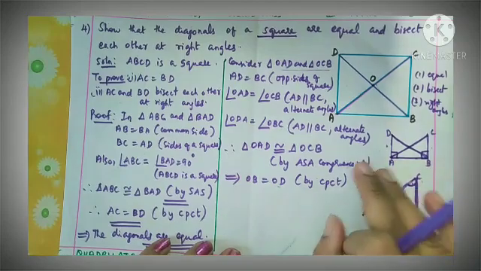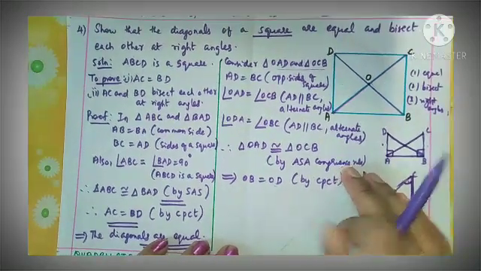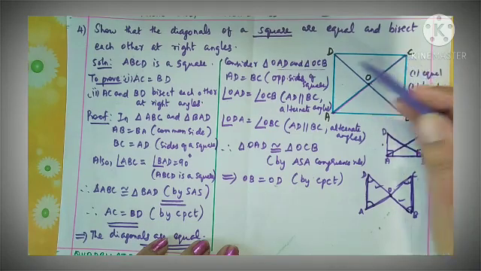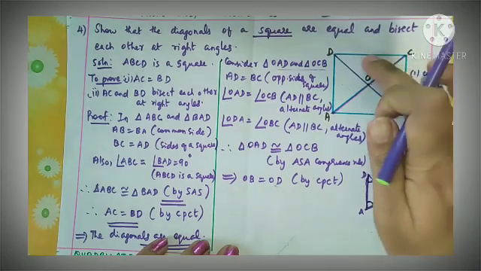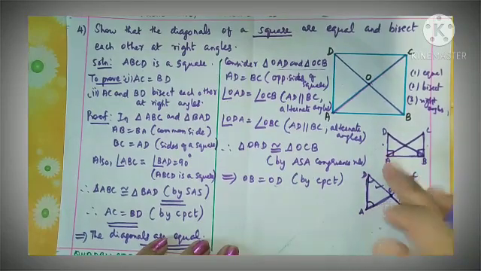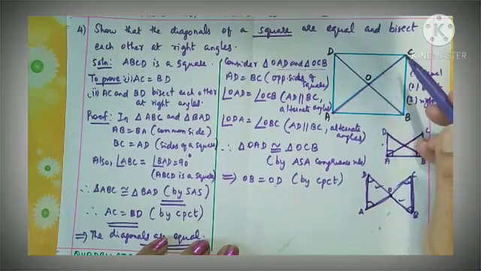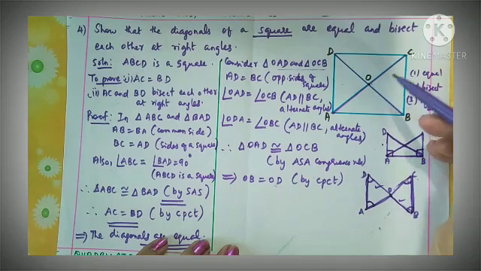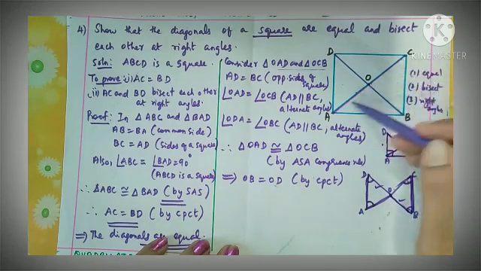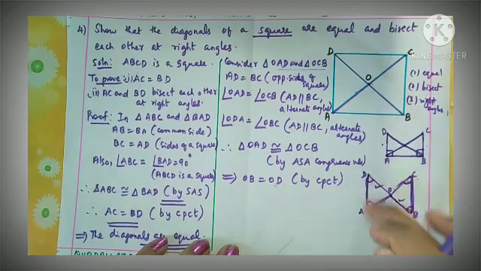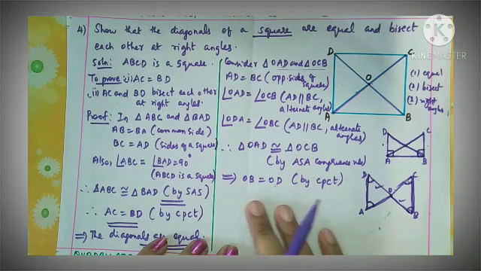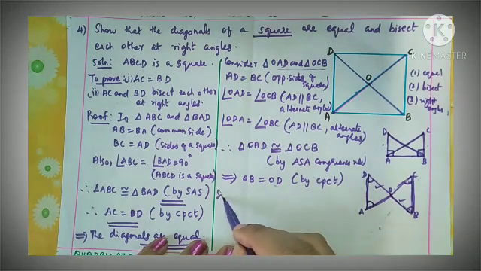Okay. Now similarly students, if you take these two triangles AOB and DOC and prove like this, we will get the other two sides, that is OA equal to OC also, by CPCT. Understand? But we are not proving that here, we are just writing similarly.